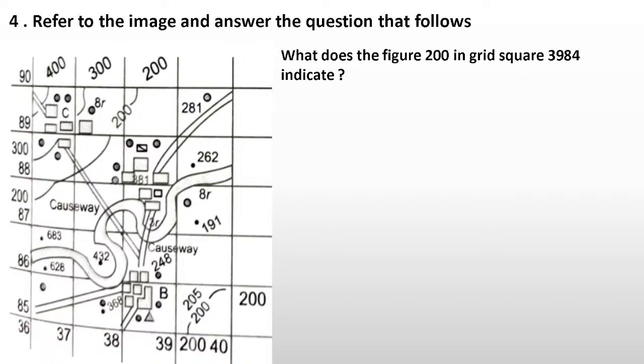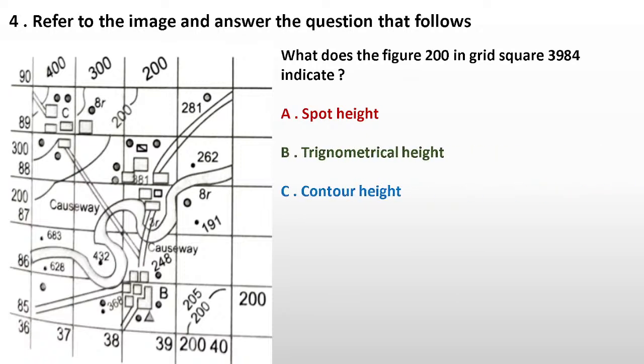And your options are A. Spot height, B. Trigonometrical height, C. Contour height, D. Relative height. What should be the answer for this question?